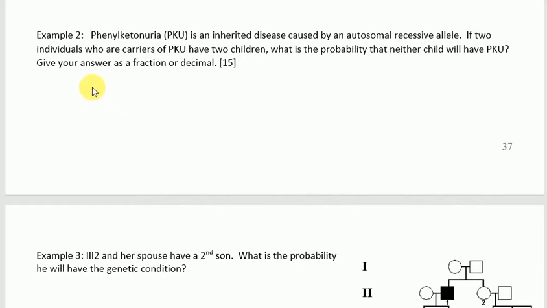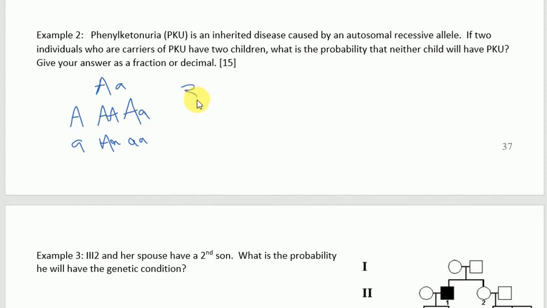So, we're going to do a simple cross. They're carriers, not affected, so they have to be heterozygous. Okay, so same thing that we just did up above. And we want to know, what is the probability that neither child will have PKU?